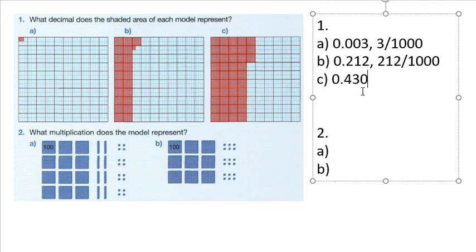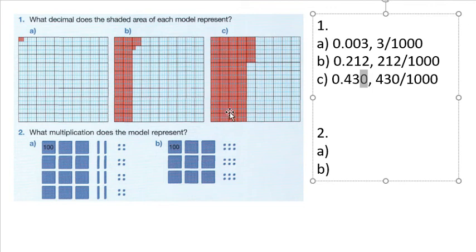So that would be 430 of our 1,000 squares have been filled in. So this is a little bit different than the other two in that we don't have any digit in the thousandths column, but there is still a zero there. We have 0 thousandths. And if we were to count all of these very small rectangles inside the square, there would be 430 of them.